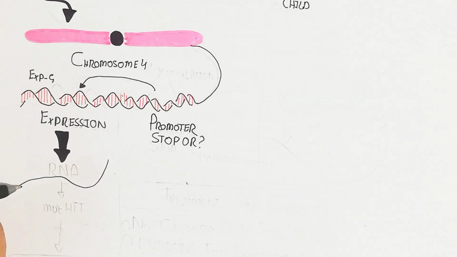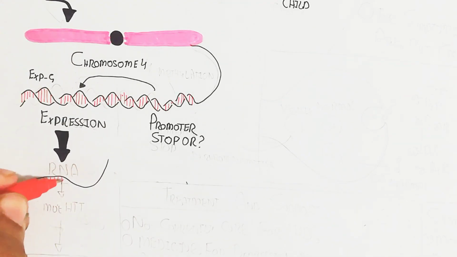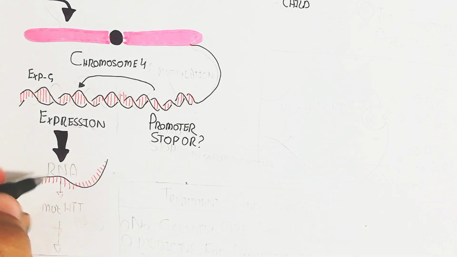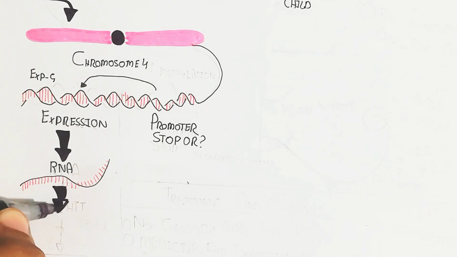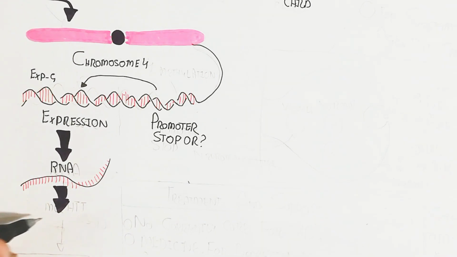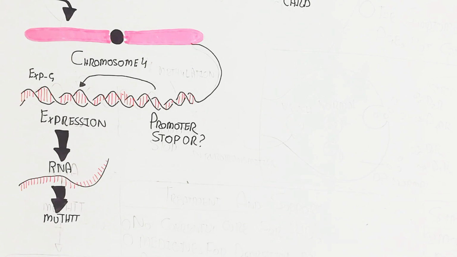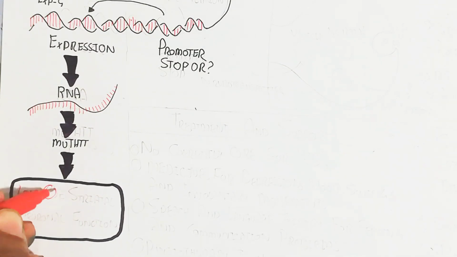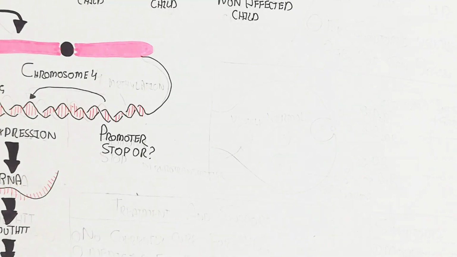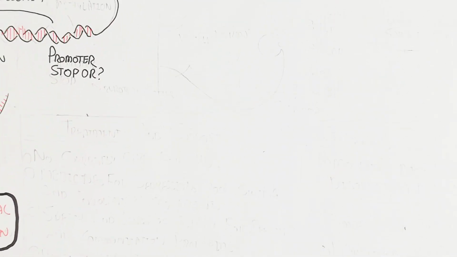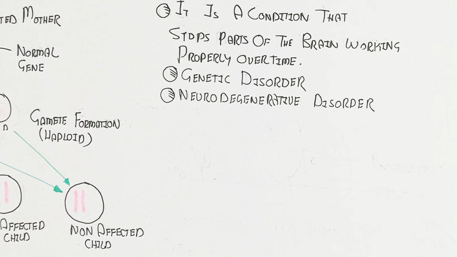This messenger RNA will produce the mutant HTT and loss of striatal neuronal function, due to dysfunctional, incorrect protein synthesis, and that is why it is genetic. We will also learn a little about the treatment and sport at the end of this video.